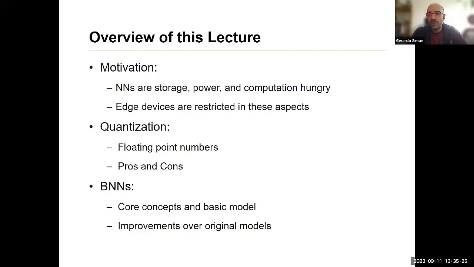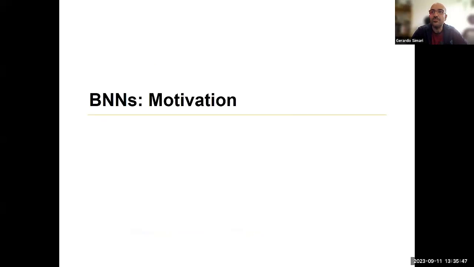So we'll see a little bit about floating point numbers, how they get finicky in certain aspects, and some pros and cons. And then move on to BNNs themselves, binary neural networks, see the core concepts, basic model, and then some improvements over the original models that have been developed over the years.